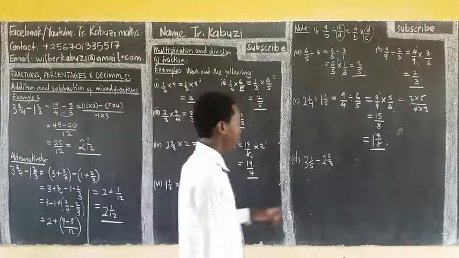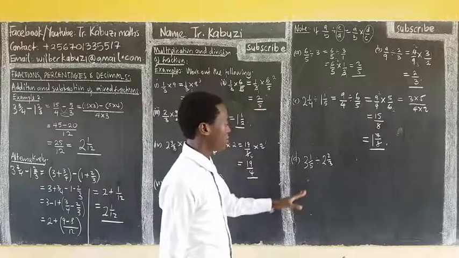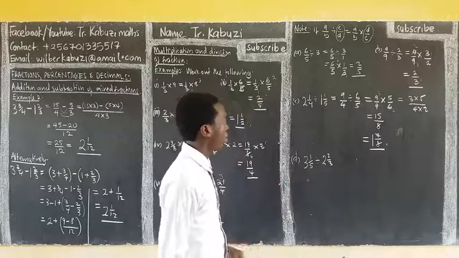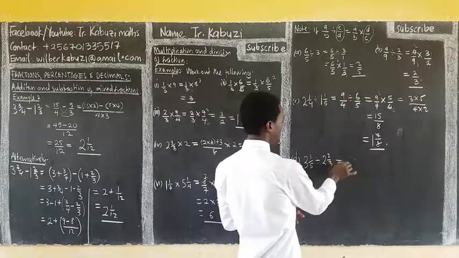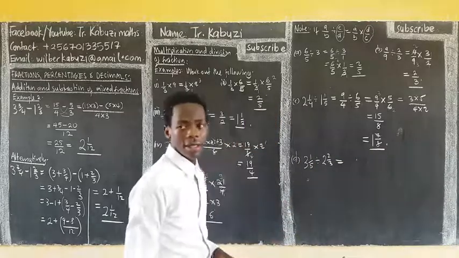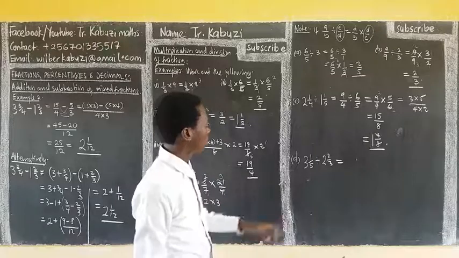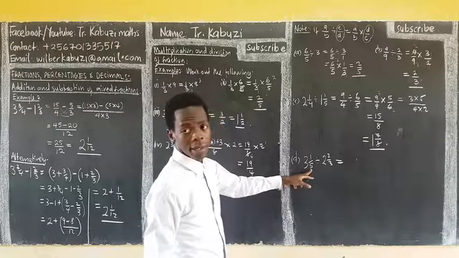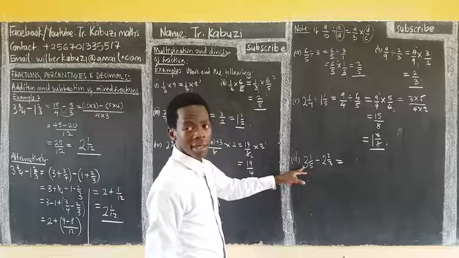Okay, let us handle this and then I give you what to try. I'm going to leave it there, then you will complete. Okay, they are mixed. The first step is to convert them to improper. How? 5 times, then plus 1.